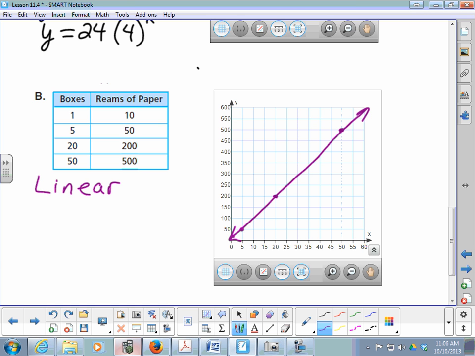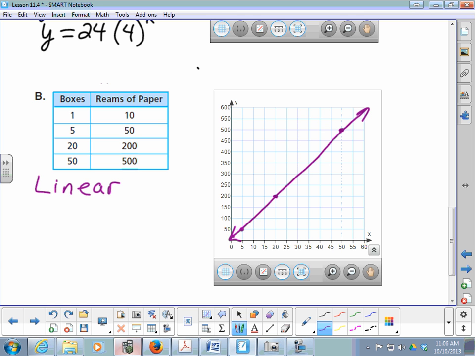And then we want to, if we can, find an equation for that. So what does a linear function look like? What's the general formula for a linear function? Okay, but what's the y equals what? Josh, you remember? mx plus b.